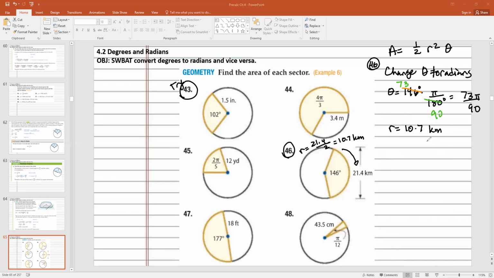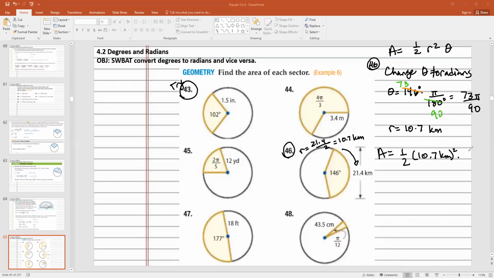We got that already. So the area, we just need those two, and we just plug them in. So 1/2 times 10.7 kilometers squared times our theta, 73 pi over 90 radians. You don't usually need to write the kilometers while you're calculating, but I'll write it so you know what our units are going to be.